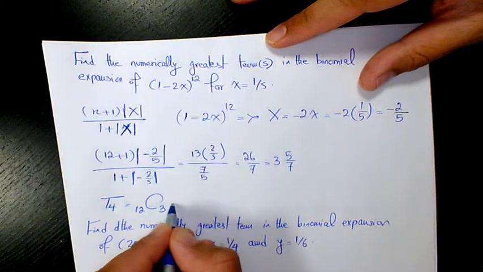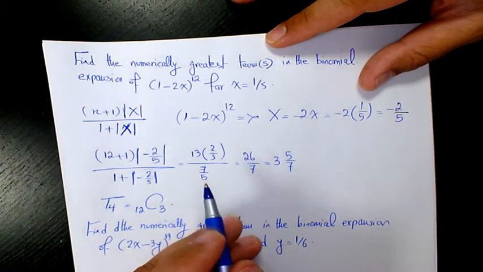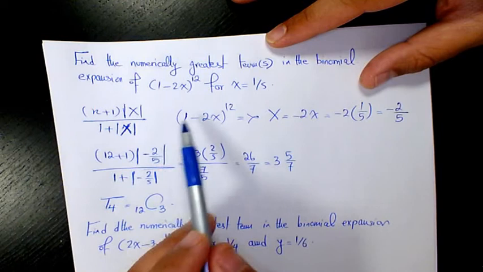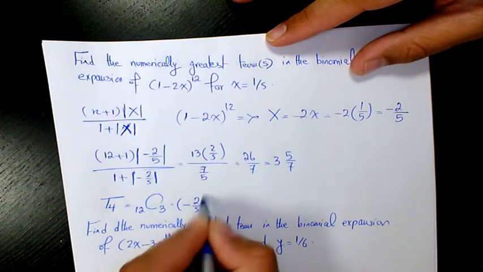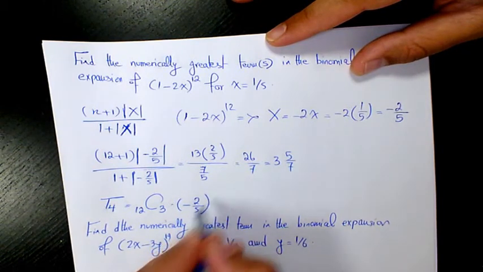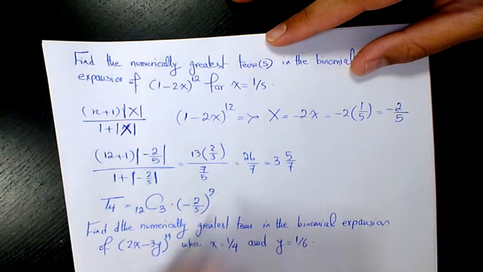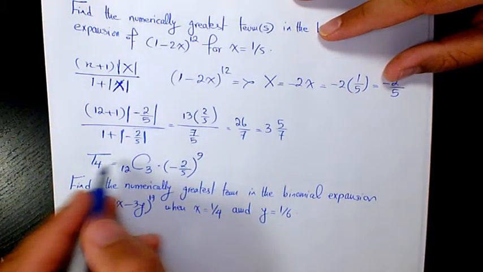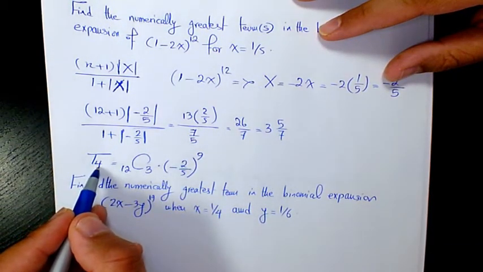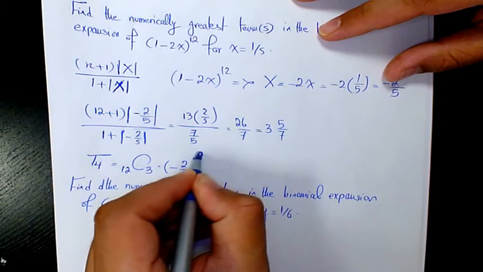Then times 1 to the power of 12, which is nothing, times (-2/5) to the power of 3, because r plus 1 is 4, so it's going to be 3 here.